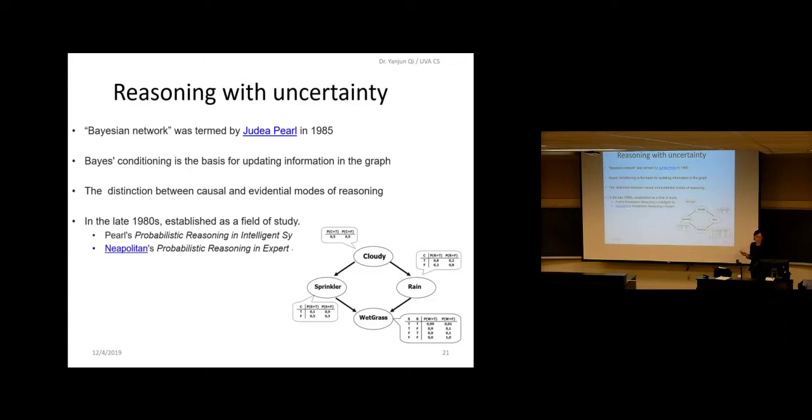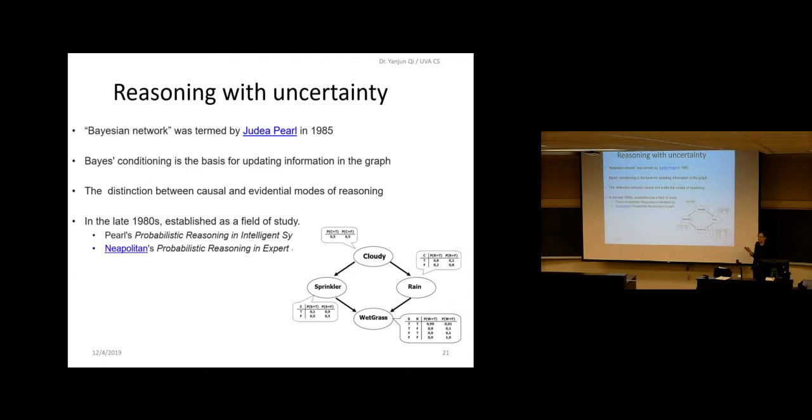During the 80s, two books actually set this up as a new field. And Judea Pearl, the Turing Award winner, has recently kept pushing this type of model to solve causal questions, which I think is a very important direction.